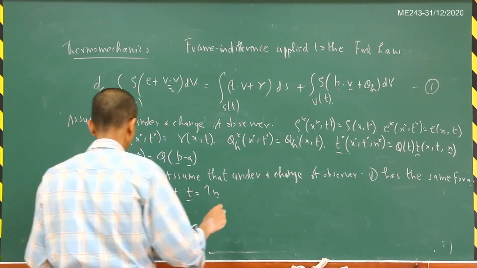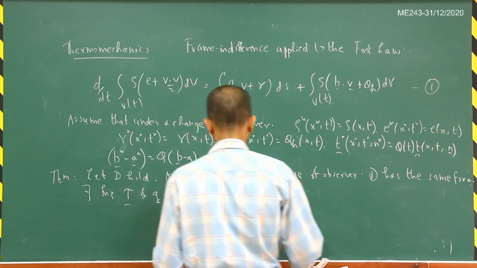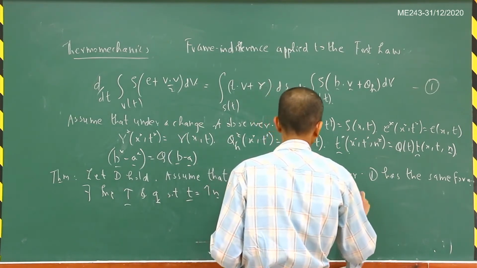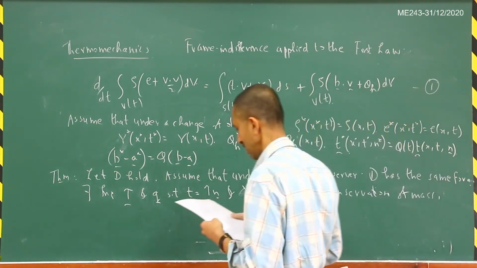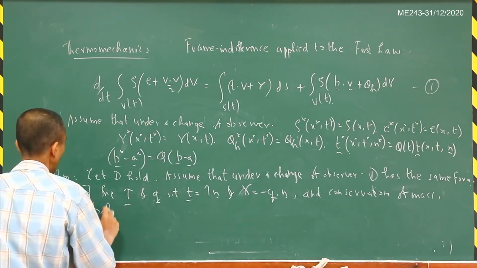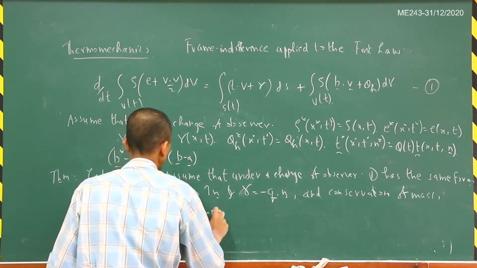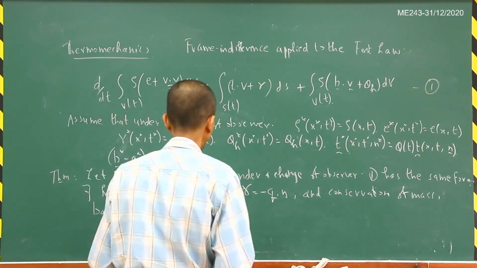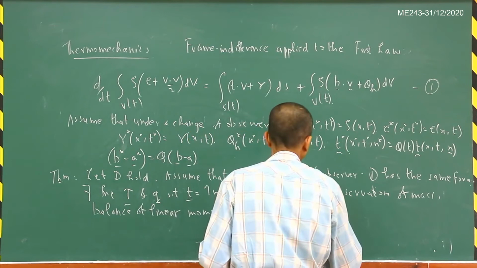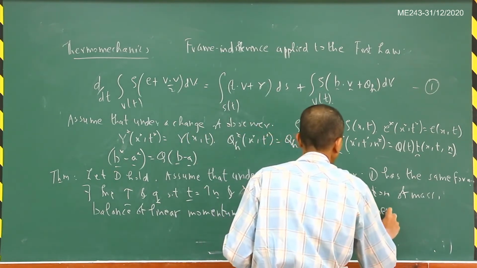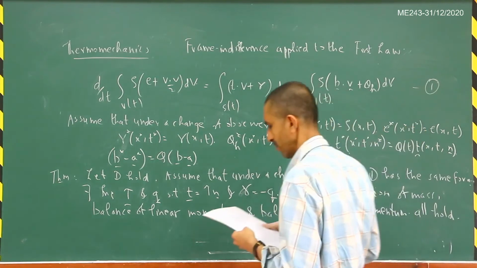So this is the Cauchy principle, and gamma is equal to minus q dot n, and conservation of mass, and balance of linear momentum, and balance of angular momentum hold. Okay.